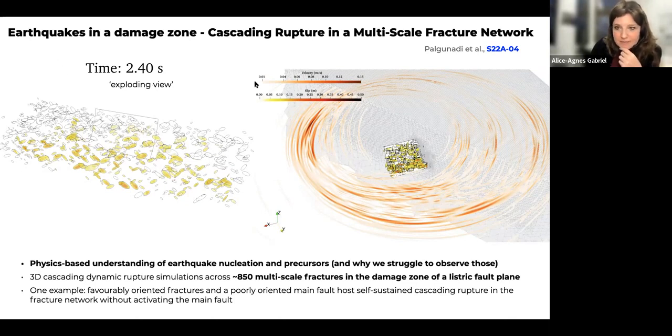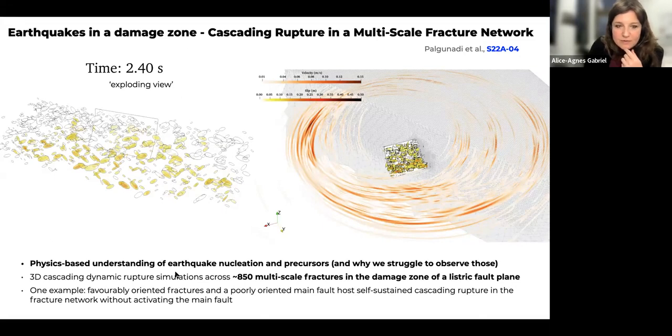That's work led by Kadek Palgunadi at KAUST, in collaboration with Dimitri Garagash and Martin May. And the question is how can we develop a physics-based understanding of earthquake nucleation and maybe also precursors, and why we struggle to observe those.